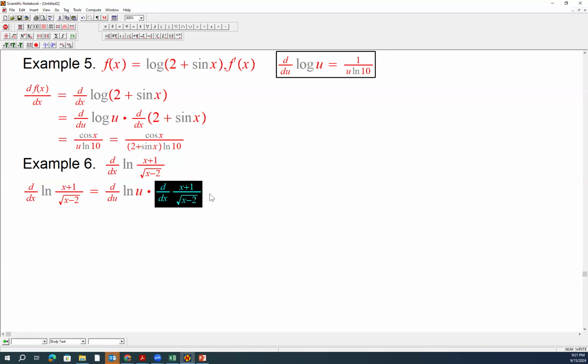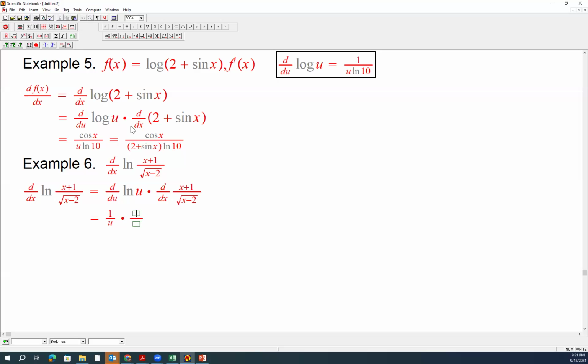You can see we're going to apply the quotient rule here. The first part, we're already pretty familiar with this logarithm part. That's just 1 over u. If you like to bring the u back, you can bring the u back here. Let's do the next step. I'm going to differentiate this part.